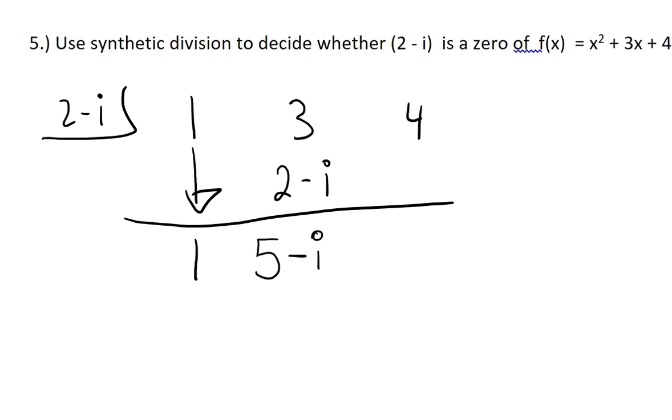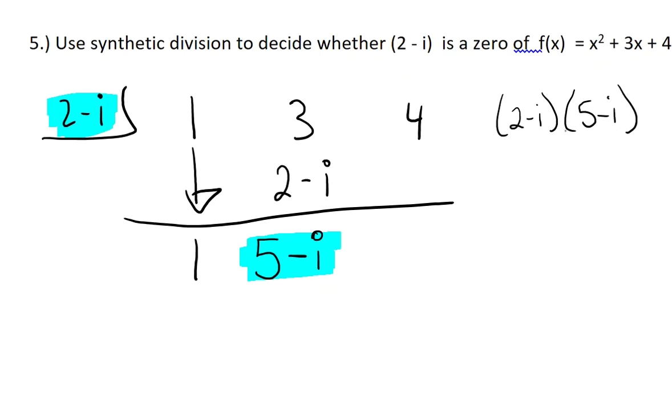And from there, just as we did in the other ones, I'm going to take this number and multiply it times the number we're seeing if it's a zero. So I have 2 minus i times 5 minus i. And notice they're both binomials.